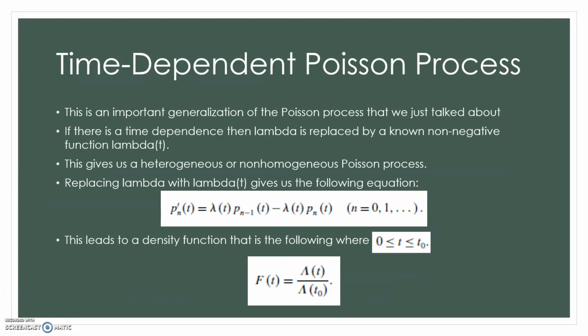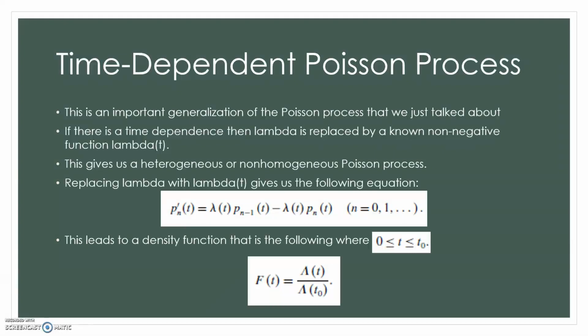The next thing that we're going to talk about is a time-dependent Poisson process. This is an important generalization of the Poisson process that we just talked about. The difference is that if there's a time dependence, then lambda is replaced by a known non-negative function called lambda sub t. That gives us a heterogeneous Poisson process.